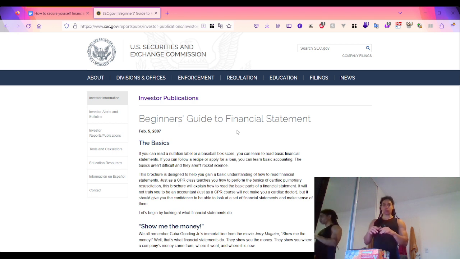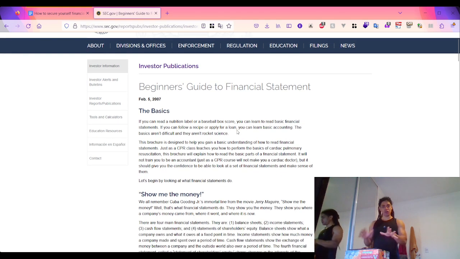This course won't train you to be an accountant, much like a CPR course won't train you to be a cardiac doctor, but it can give you confidence that when you look at a set of financial statements, you can make sense of them. And after all, these financial statements show you the money, like the lines from Cuba Gooding Jr. in the movie Jerry Maguire, "Show me the money." That's what it is.